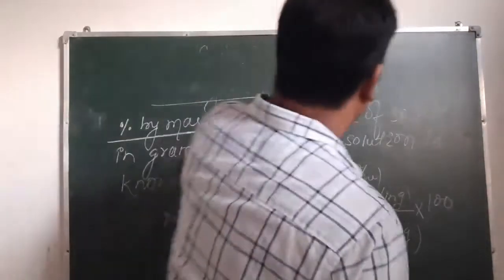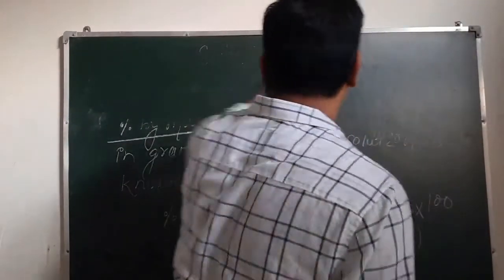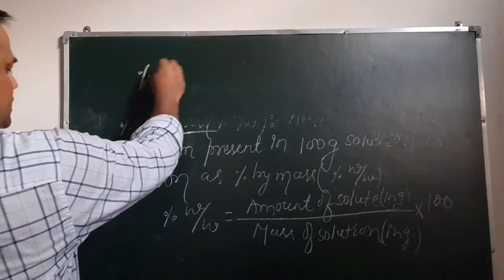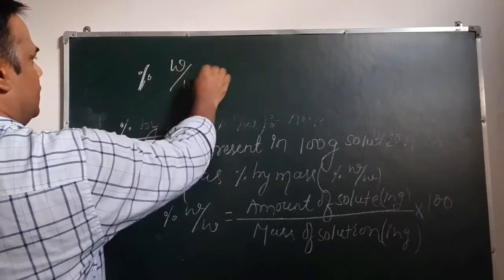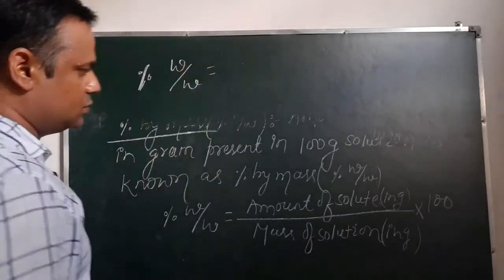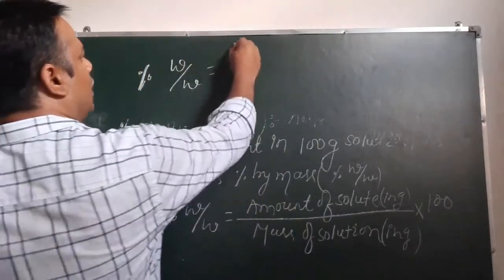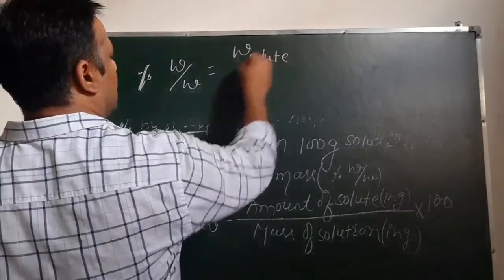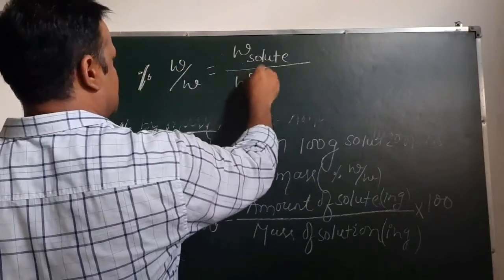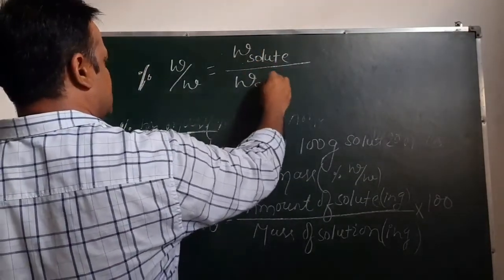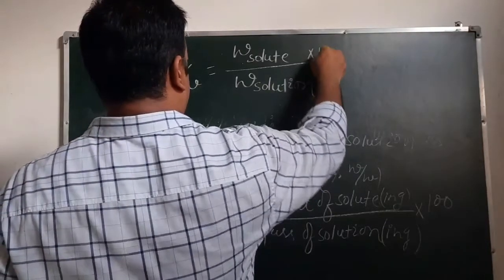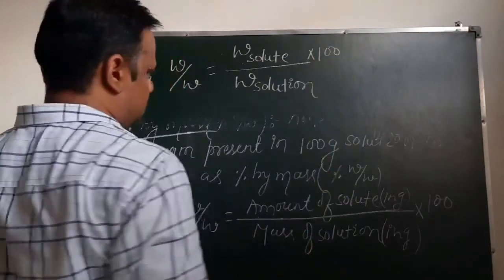We can write it in formula form: percent W by W will be equal to mass of solute divided by mass of solution, and then multiplied by 100.